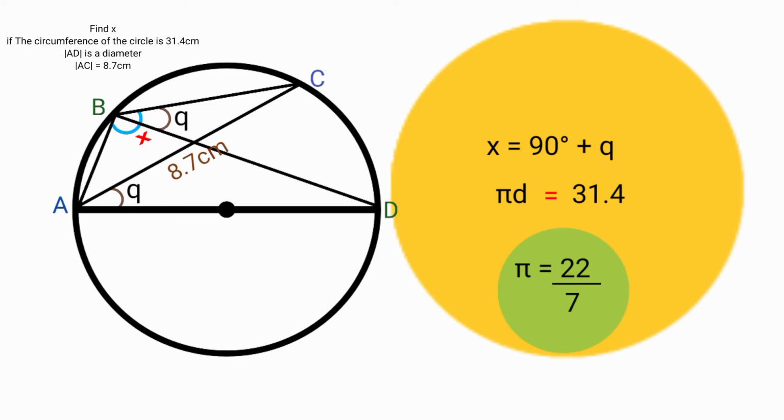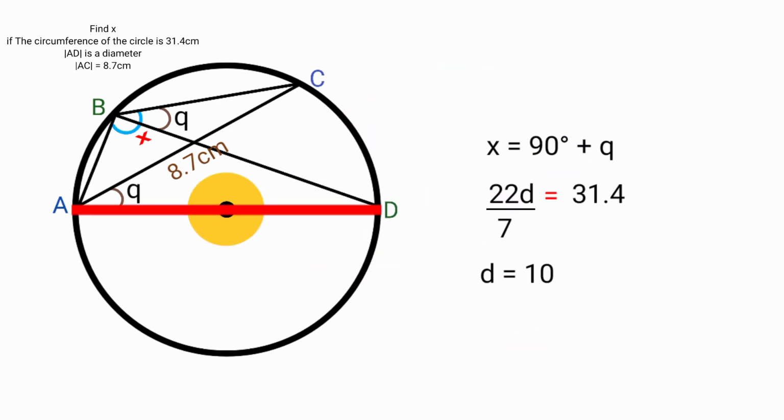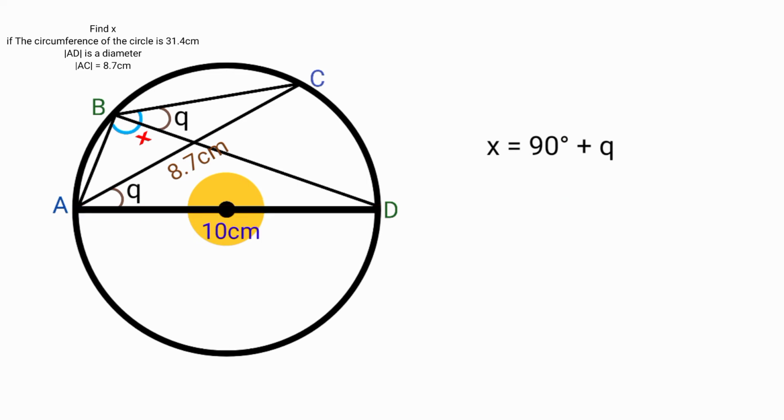So 22/7 d equals 31.4 centimeters. Making d the subject of the formula, d will be equal to 31.4 times 7/22. Press your calculator. 31.4 times 7/22 is 9.9909, which is approximately equal to 10. So we find the length of this line here to be 10 centimeters, which is the diameter.